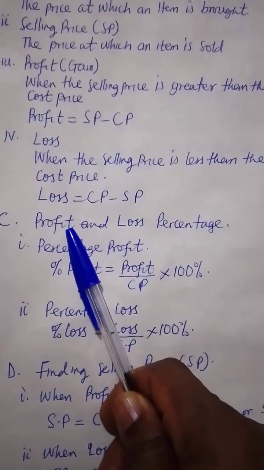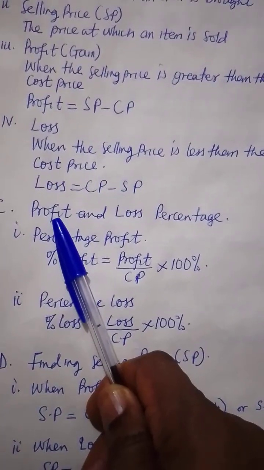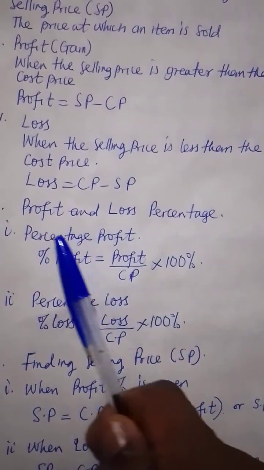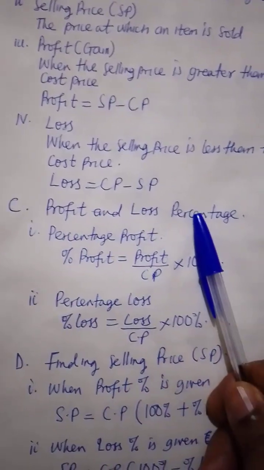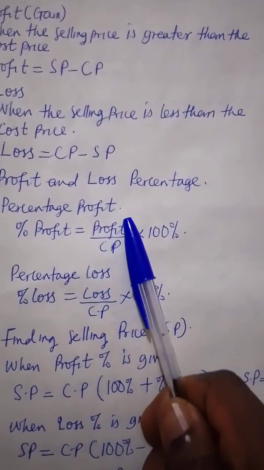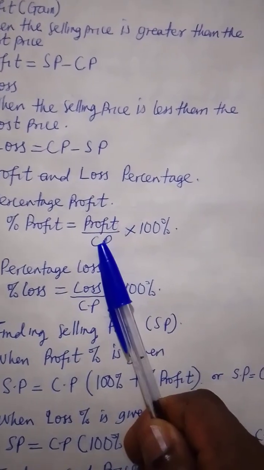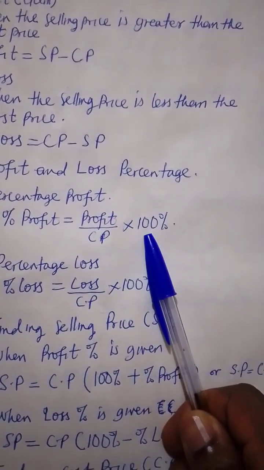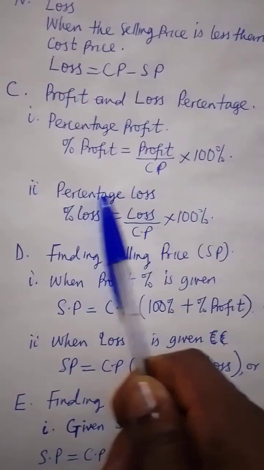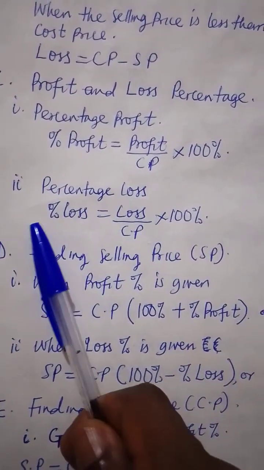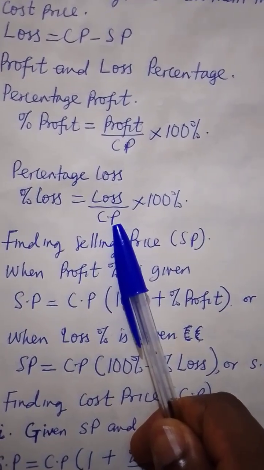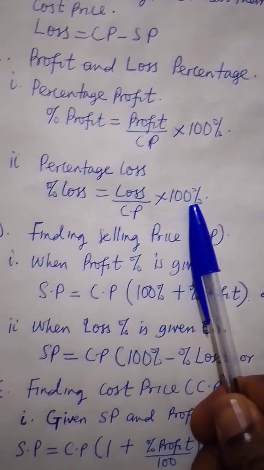The next term we want to look at is profit and loss percentage, or percentage profit and loss. The percentage profit is profit over cost price times 100%. This is a very common formula. Percentage loss is loss over cost price times 100%.